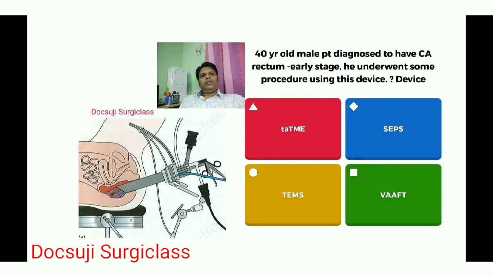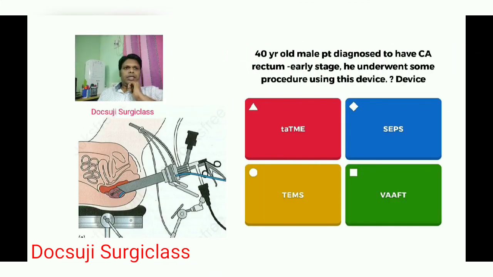Next, this is a 40-year-old male patient diagnosed with early stage carcinoma of the rectum. He underwent some procedure using this device. What is the device? Four options are there: TATME, SEPS, TEMS and VAAFT. The procedure of choice is TEMS. Okay, we will discuss one by one.